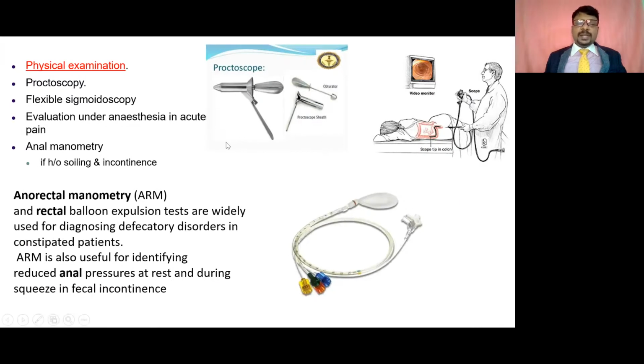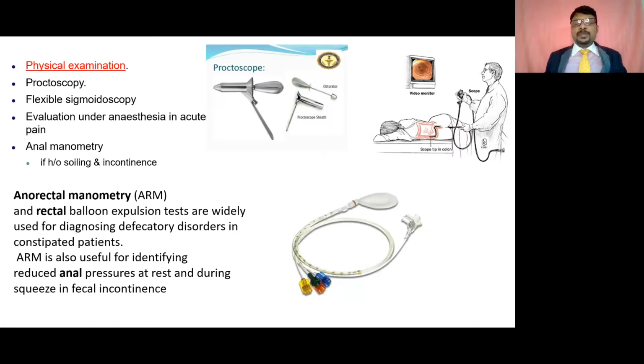In the examination part, we are going to use the proctoscopy. With this proctoscope, we check where exactly the problem is. Is it inside the rectum or anus, internal hemorrhoids or external hemorrhoids? And other than the proctoscope, we can use flexible sigmoidoscopy.